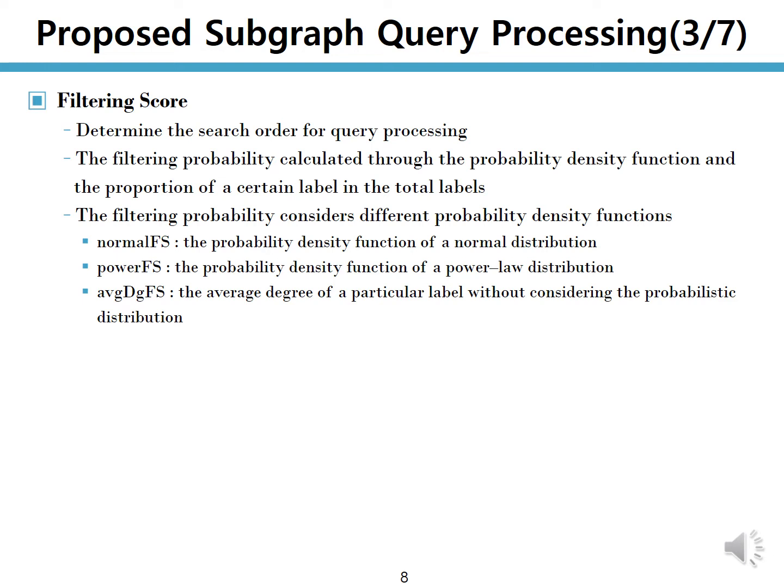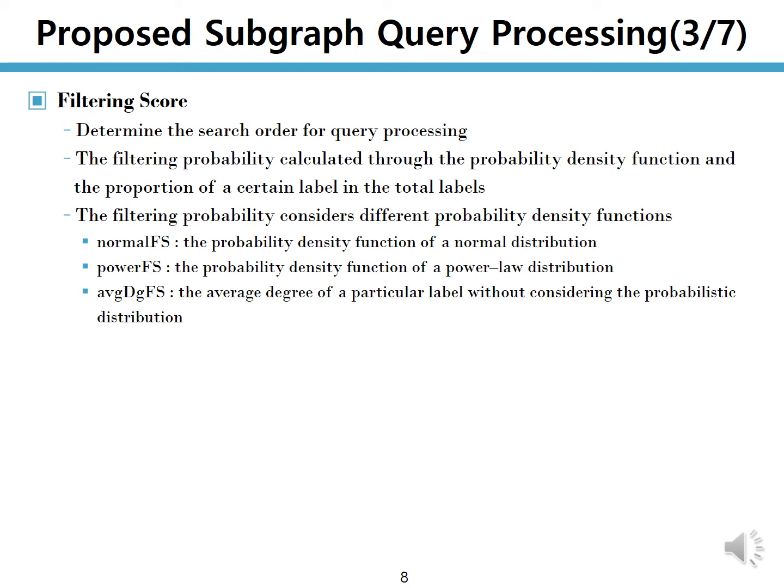The proposed method defines a filtering score to determine the search order for query processing. The filtering score is the filtering probability calculated through the probability density function. The filtering probability considers three probability density functions.